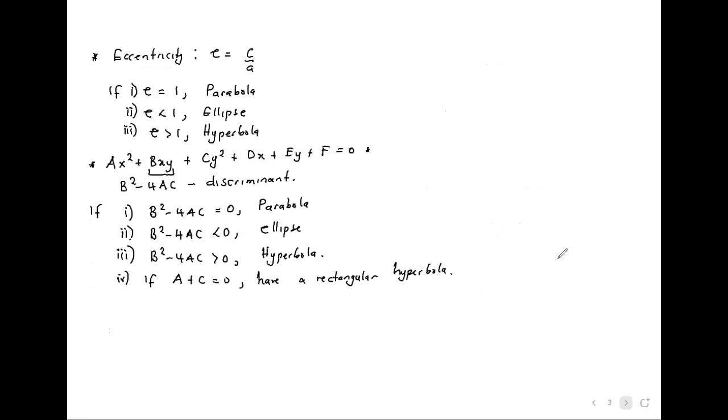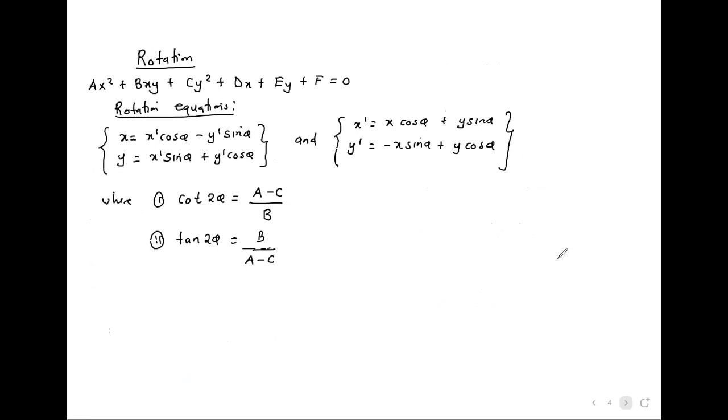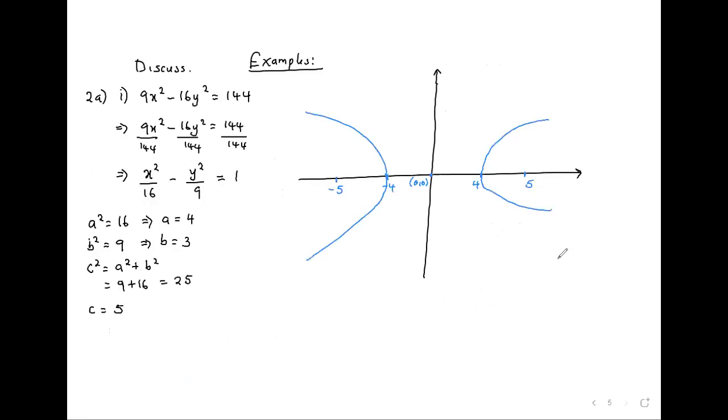Let's confirm here. So when we come here, we're saying asymptotes: y is equal to plus or minus b over a x. So b is 3 over a, 4x, plus or minus.